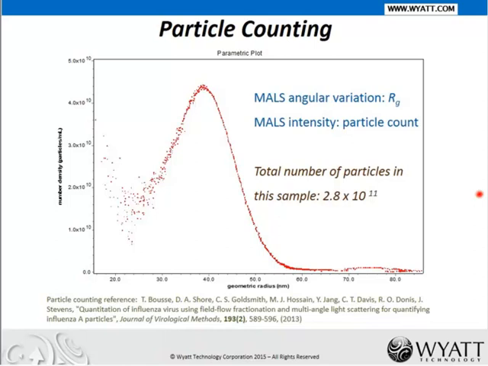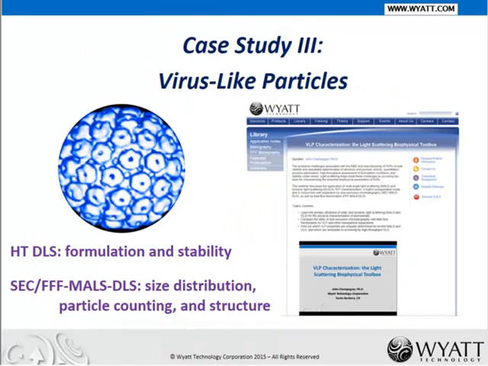In addition to the papers published by the scientists at MedImmune, a group at CDC in 2013 also published using FFF together with MALS to quantify the particle numbers in influenza virus particles. And the reference is shown at the bottom of the slide. The third case study is with virus-like particles.